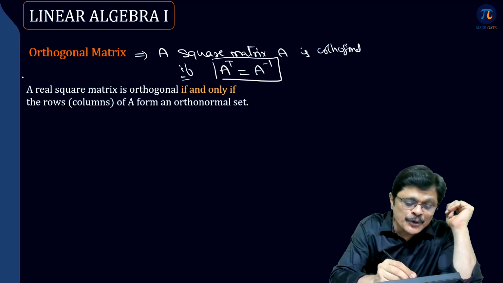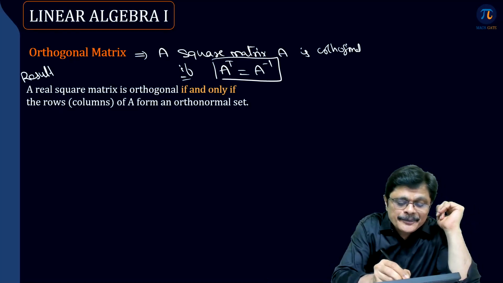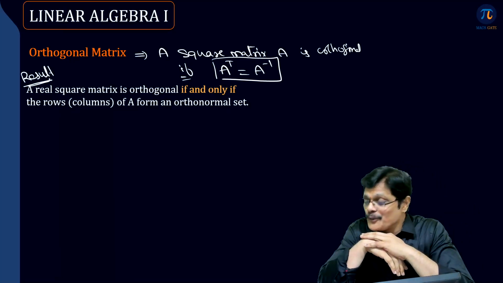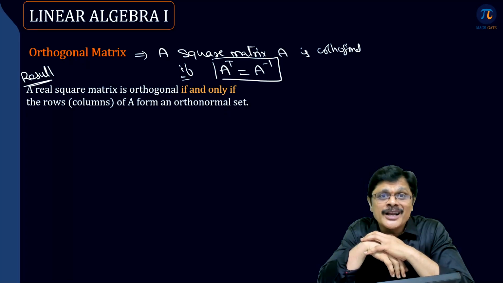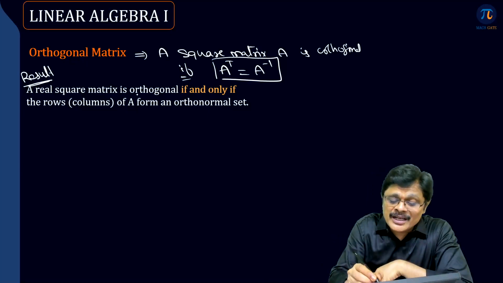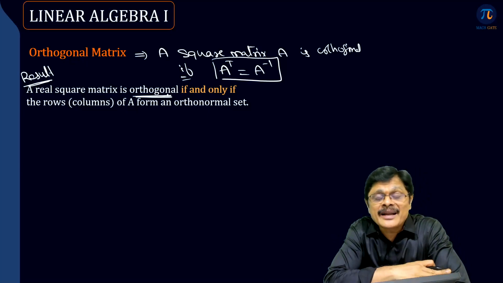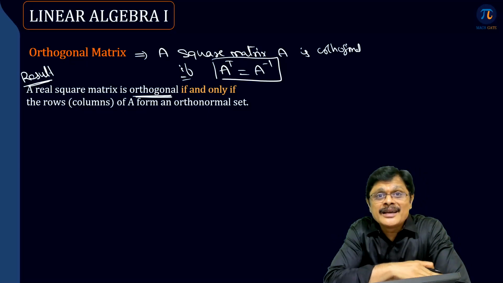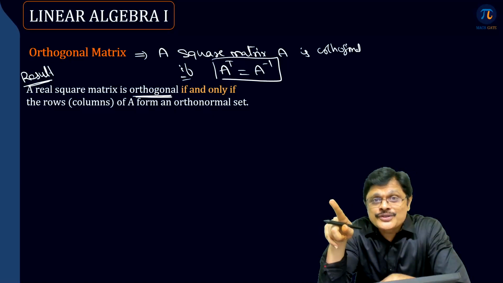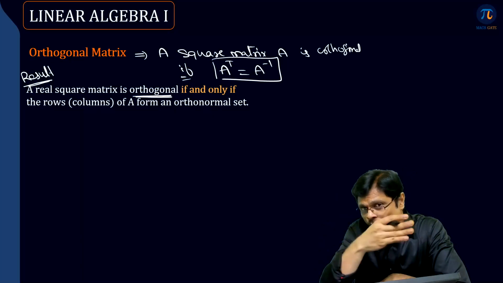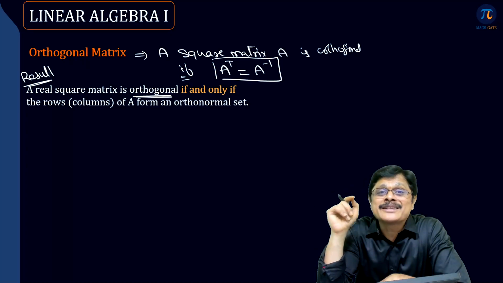And this is the beautiful result to check whether the given matrix is orthogonal or not. A real square matrix is orthogonal if the rows or the columns form an orthonormal set.